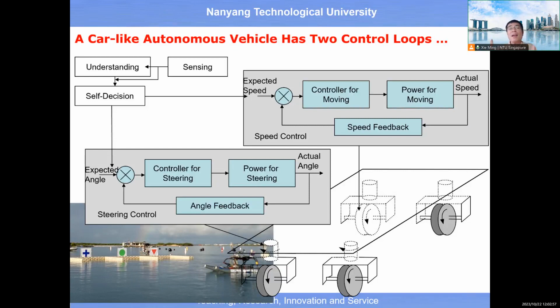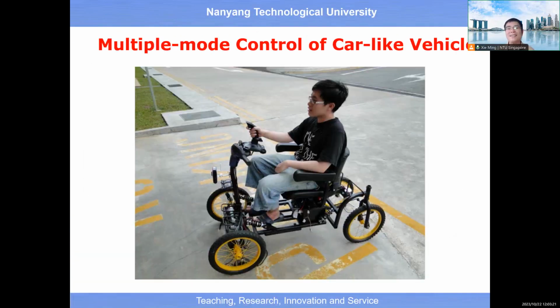For those of you who have not yet studied control theory, this slide will motivate you to study it, because you need to spend one semester to study control theory. But for those of you without the engineering background, you just need to know what a feedback control loop is, just for curiosity. And then this video shows you the implementation result with a car-like vehicle.